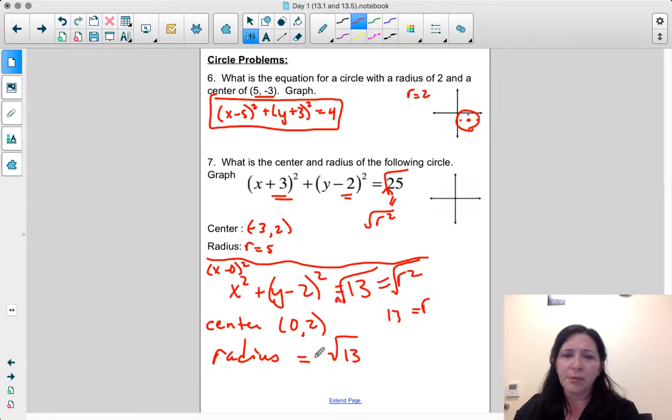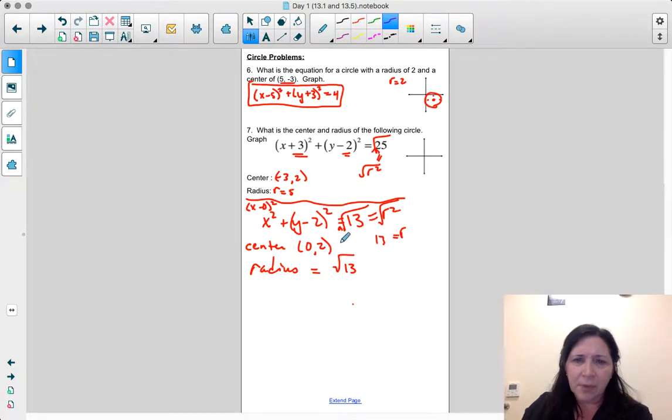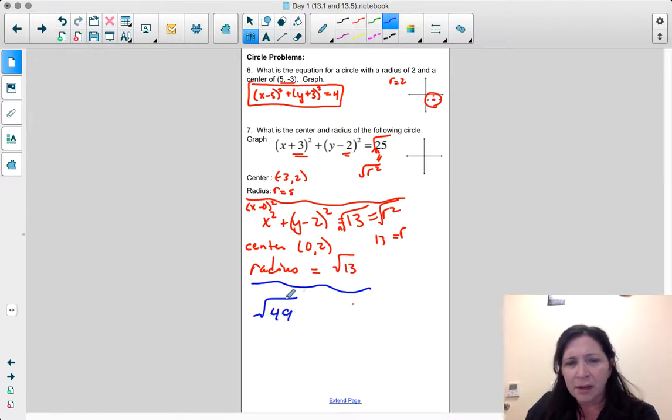Now, I've had several questions about roots and whatnot, and I just want to go over one thing. Let's say you have the square root of 49. A lot of people have been asking, well, why do I square this and I just get the same number?